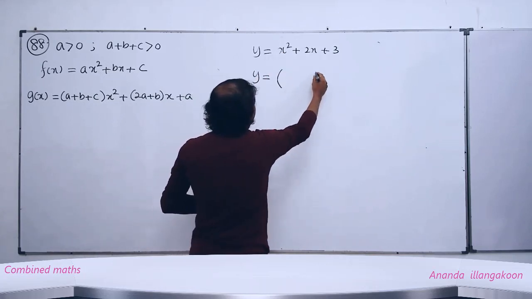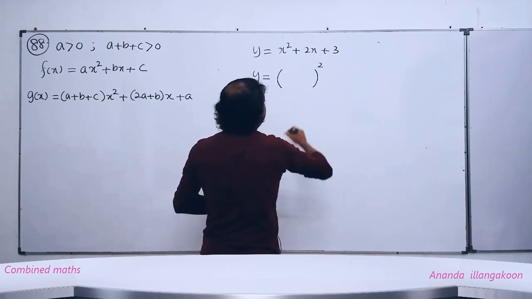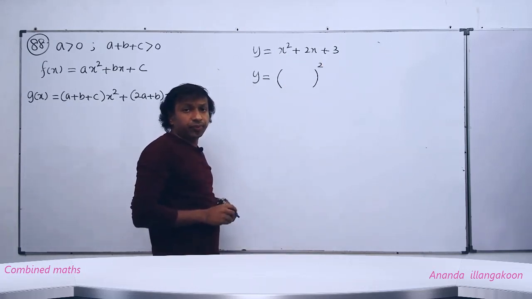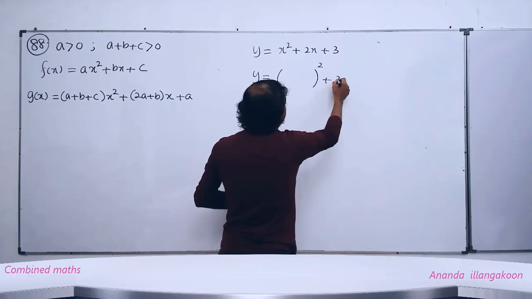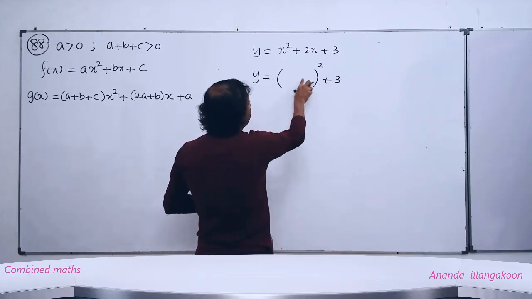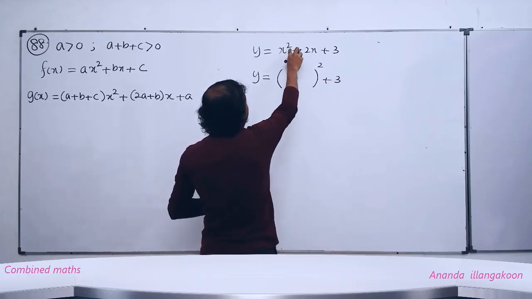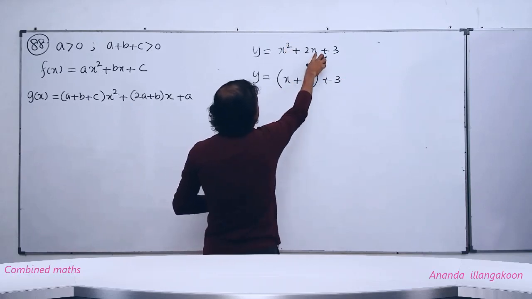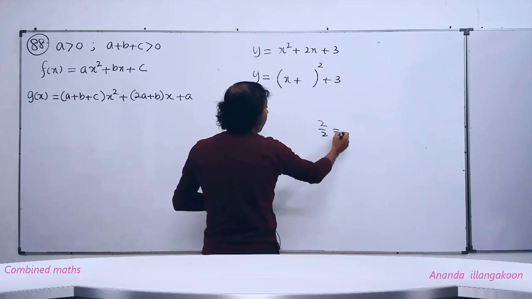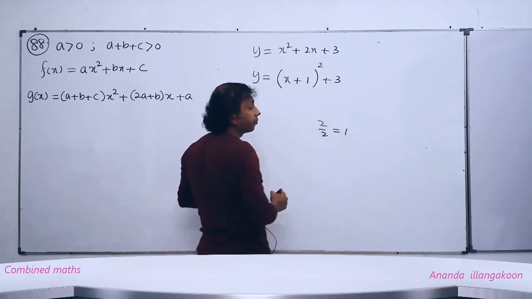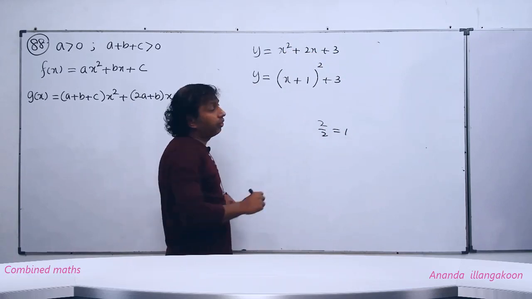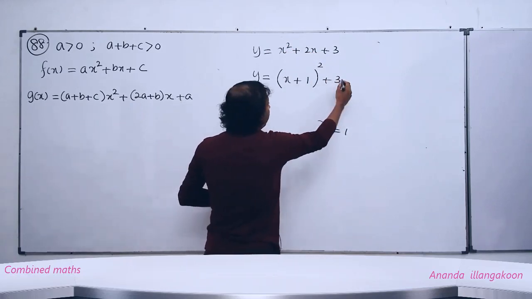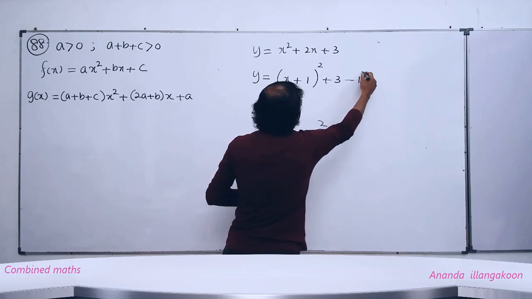Then we put a perfect square, and this plus 3. Then within the bracket, what do we write? From the x squared, without the square, only x, plus we divide this x coefficient. It's 2, no? By 2, we get 1. Put that 1 here. And finally, we subtract 1 squared from the end, like this.